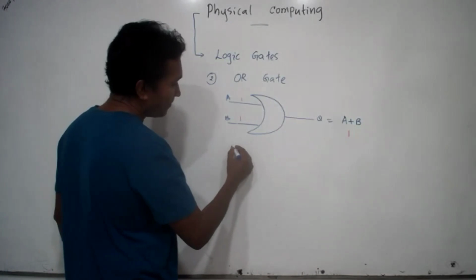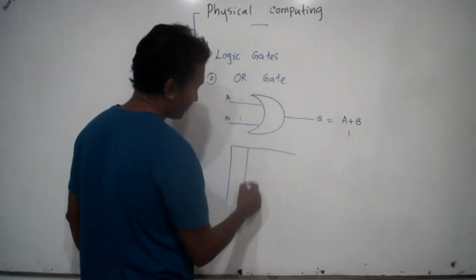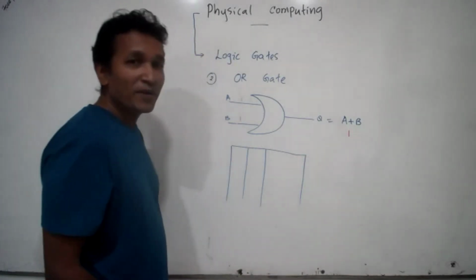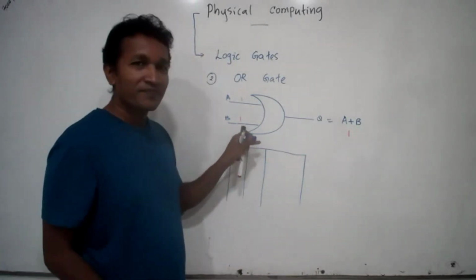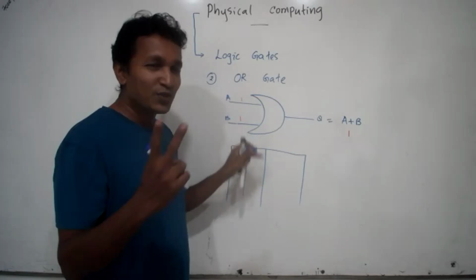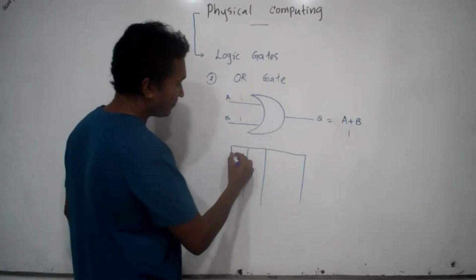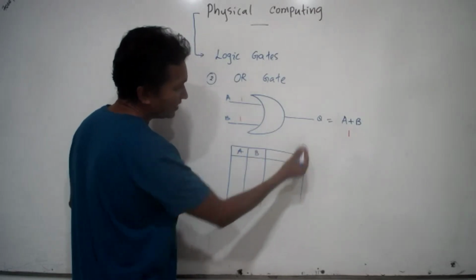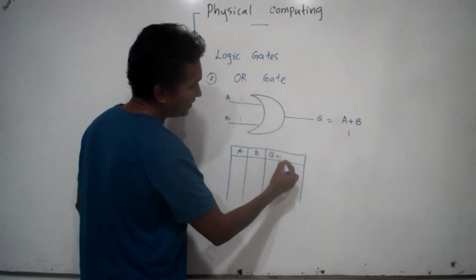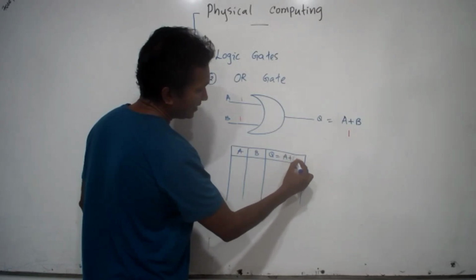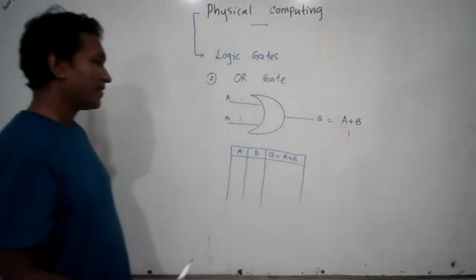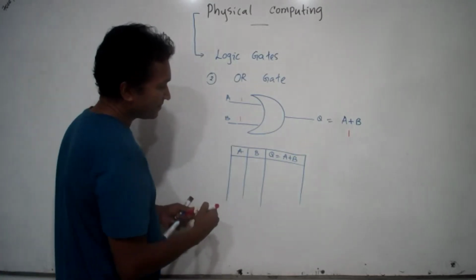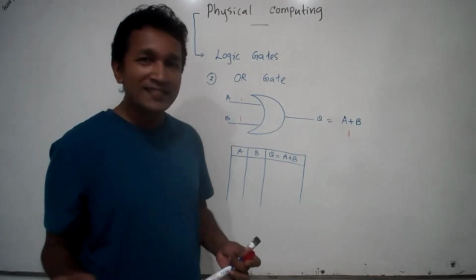How many inputs are there here? Very good. Two inputs. One is A, one is B. So when we write the result, how many possibilities are there?